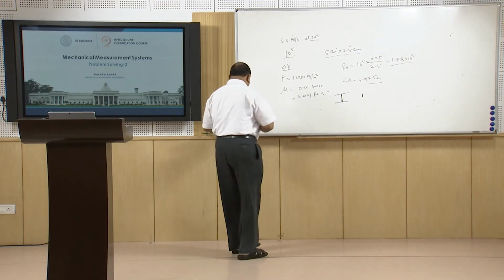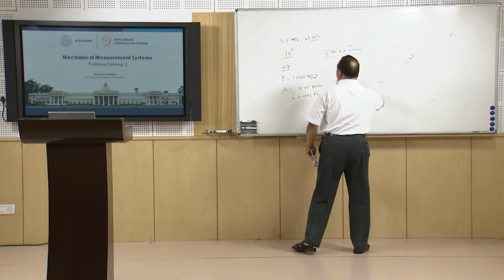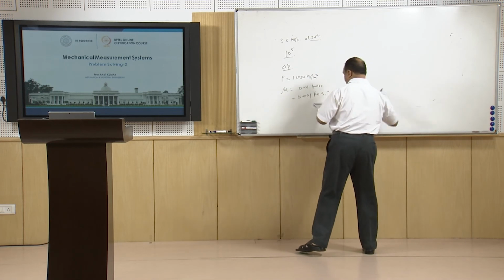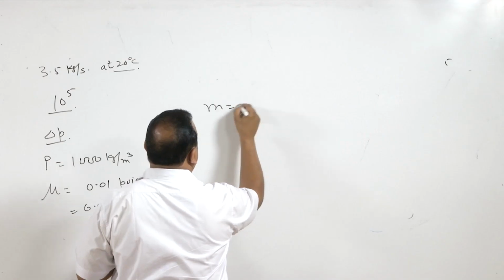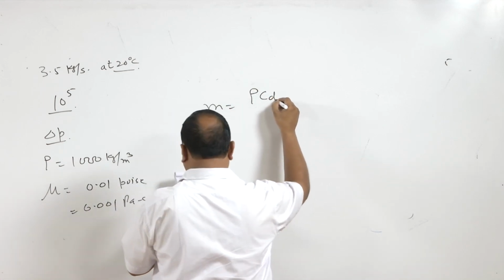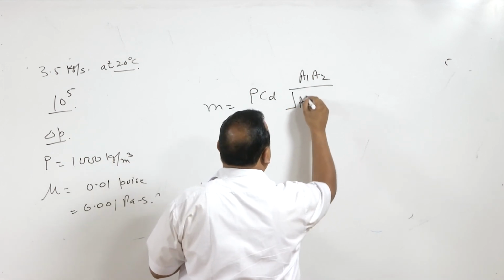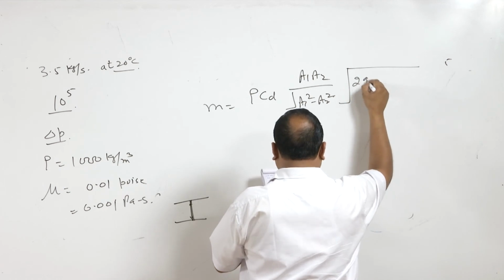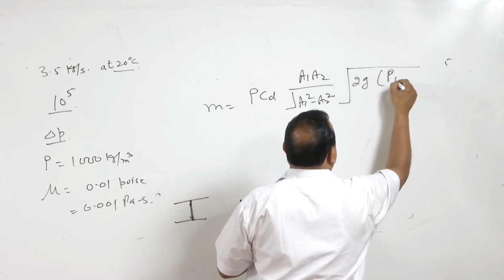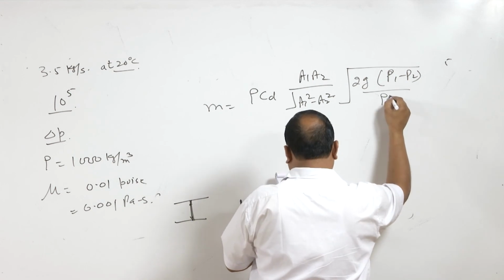We can make use of this equation for the actual mass flow rate through the venturi meter, that is rho C_D A1 A2 divided by under root A1 square minus A2 square, times under root 2 g (P1 minus P2) divided by rho g.